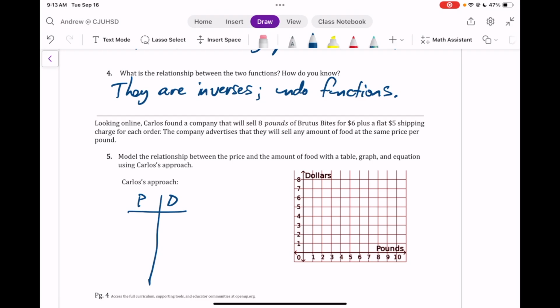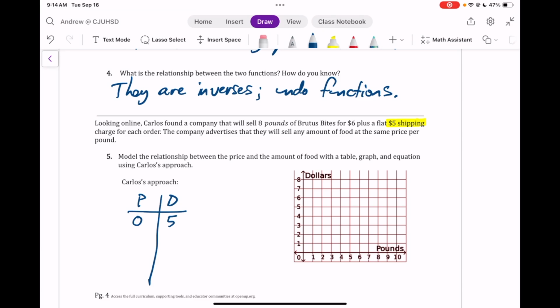Now, it says you have a flat $5 shipping fee. That means no matter how much you purchase, you still got to pay $5. So in the crazy scenario where he doesn't purchase anything, he still would have to pay $5 to have that shipped.